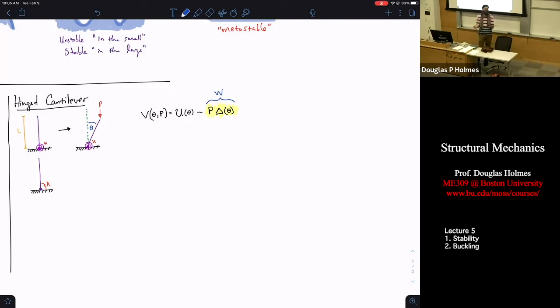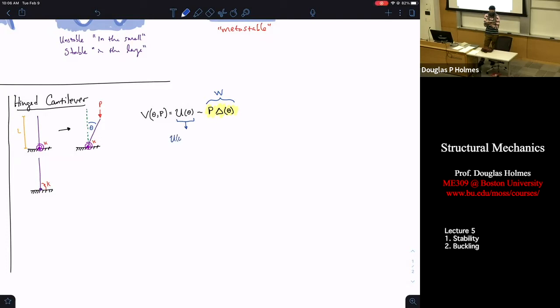U is pretty simple. Rotational springs act the same way as linear springs. It's just that the units on the spring stiffness, K, are different. Normally K is force per unit length, and here we have a moment per unit angle. So this is really simple.